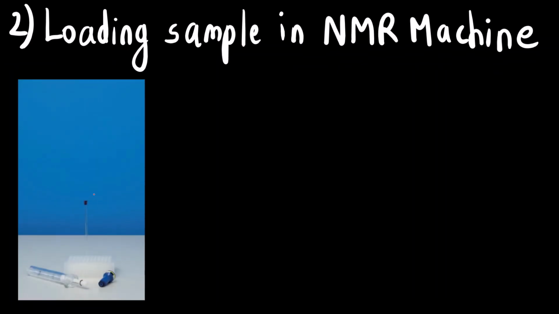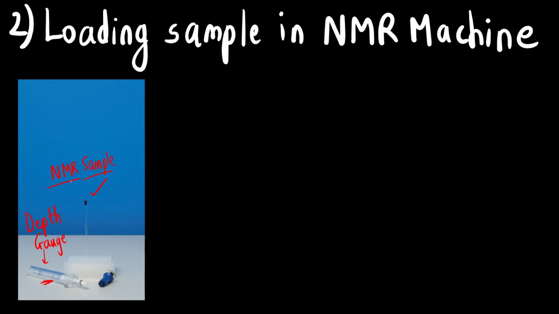For that, again, you need the NMR tube that contains the sample that you want to analyze. Then you require this instrument, which is called a depth gauge. What is the role of this depth gauge?